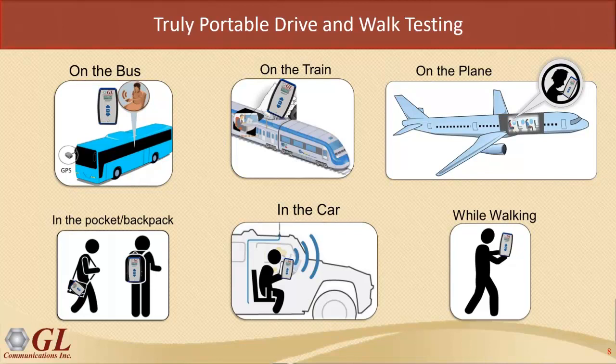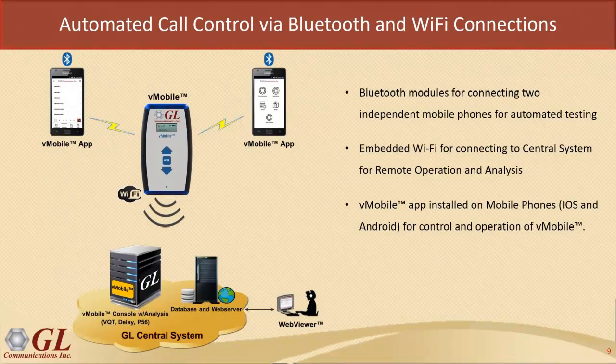Now, what does it do? That's the key. What does the vMobile do? Well, the vMobile has a couple of Bluetooth interfaces inside. So we're going to connect two mobile phones to the vMobile, and as the VQuad does, we're going to be able to make calls and send and receive voice through the phones.